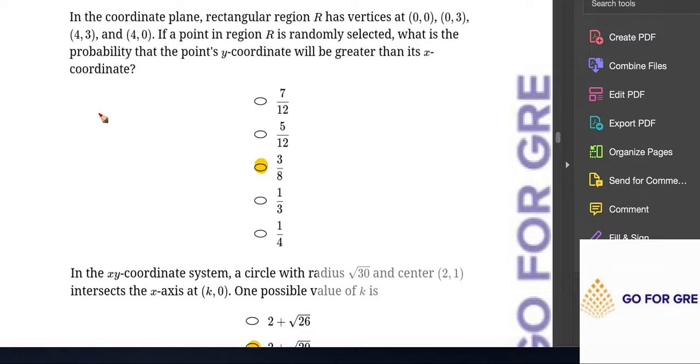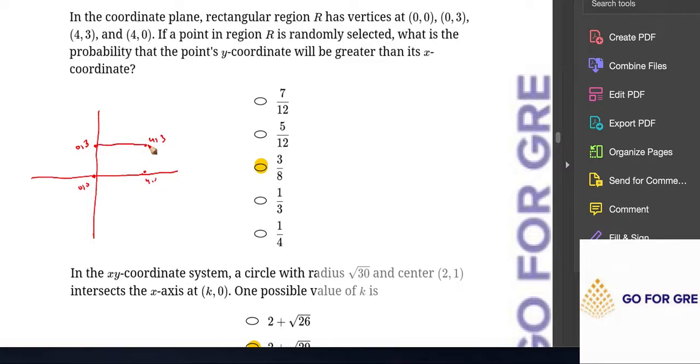Okay, so again, for this question, draw a quadrant and draw the points. So this is 0 0, this is 0 3, this is 4 3, and this is 4 0.